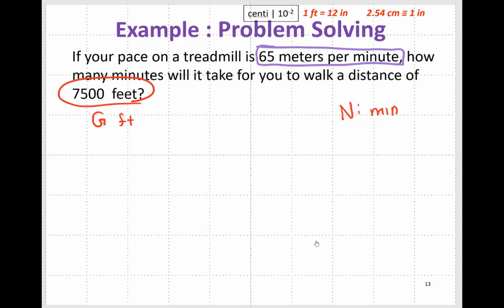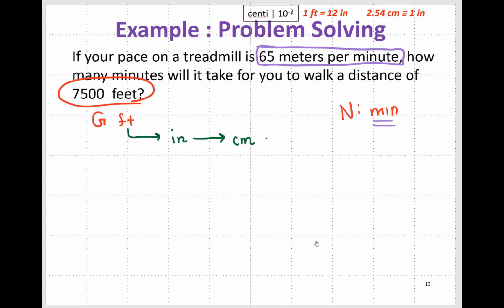And in order to use this problem-specific conversion factor to get to minutes, I need to convert my distance unit, or my unit of length, feet, into meters. So that's going to help me start writing my plan. My plan is to go from feet to inches, and then I'm going to go from inches to centimeters.